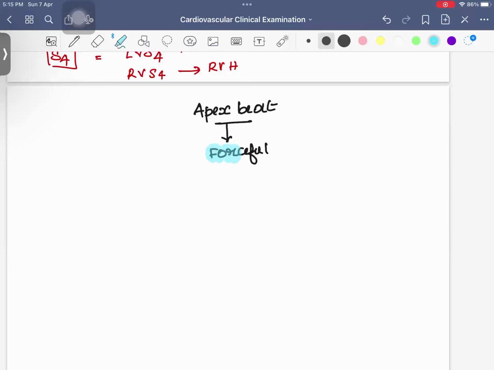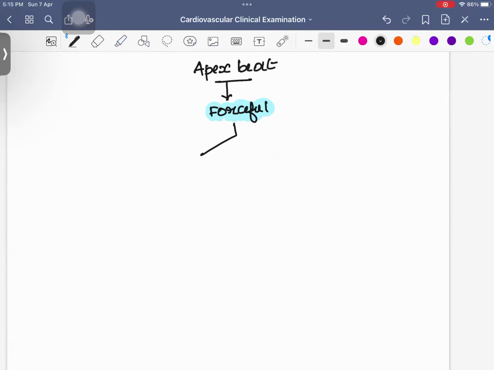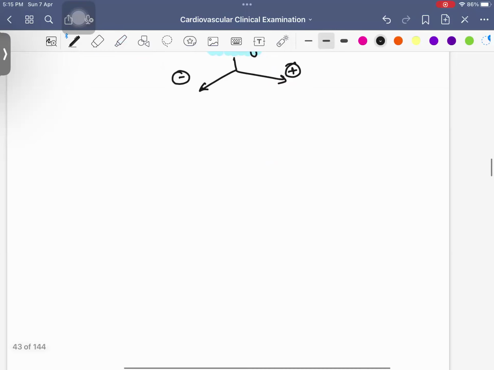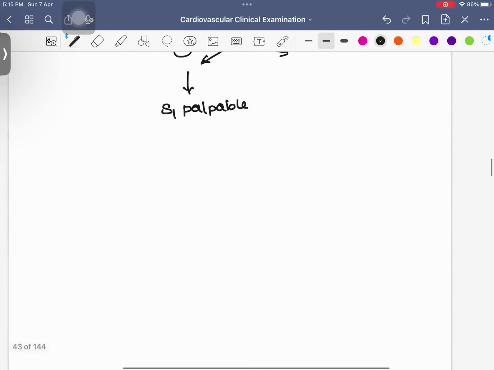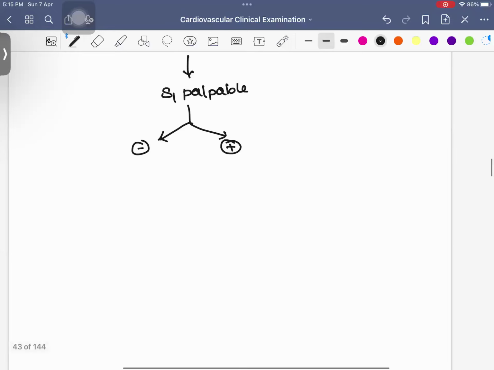If not forceful, next see whether S1 is palpable. When S1 is not palpable, it is a normal apical impulse.